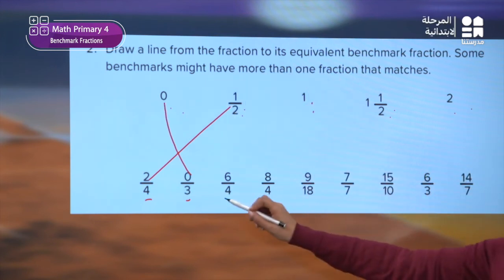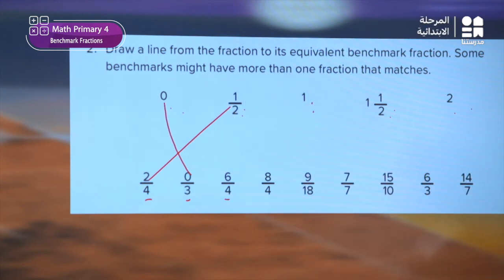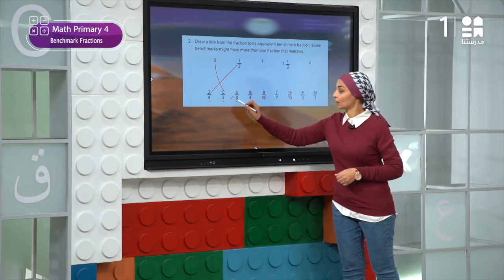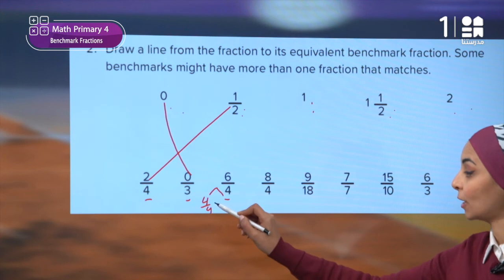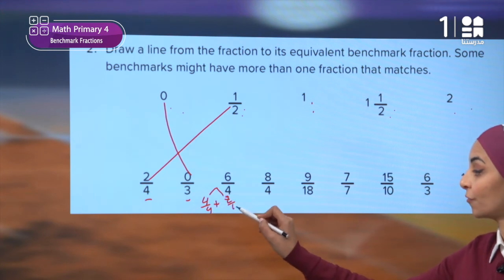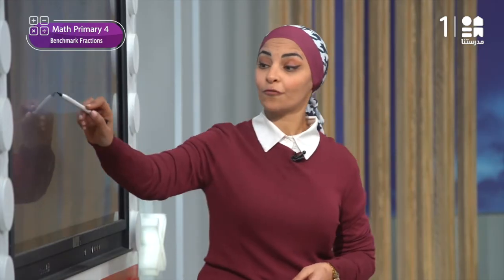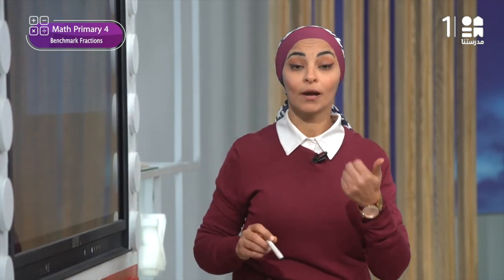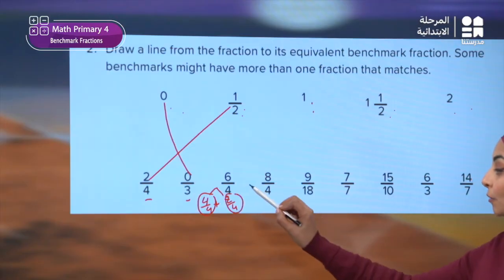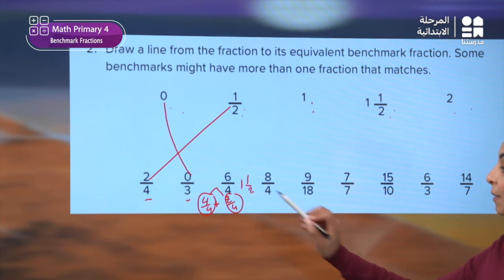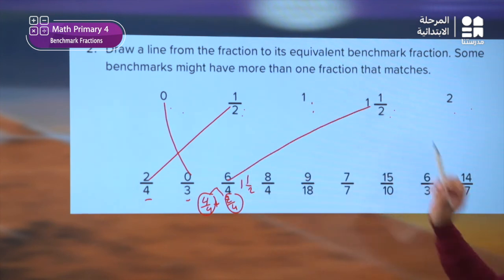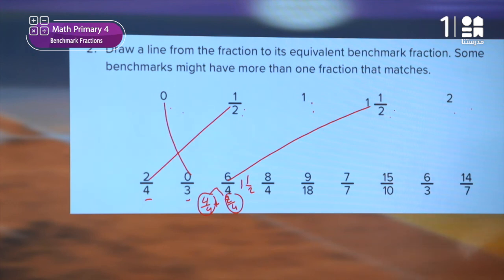Next, here I have 6 over 4, meaning 6 fourths. Doesn't that mean I have 4 fourths and 2 fourths? I can write 6 over 4 as 4 over 4 plus 2 over 4. 4 fourths means a whole 1, and 2 fourths means half. So this one is equivalent to 1 and a half, and I'll match it to 1 and a half.